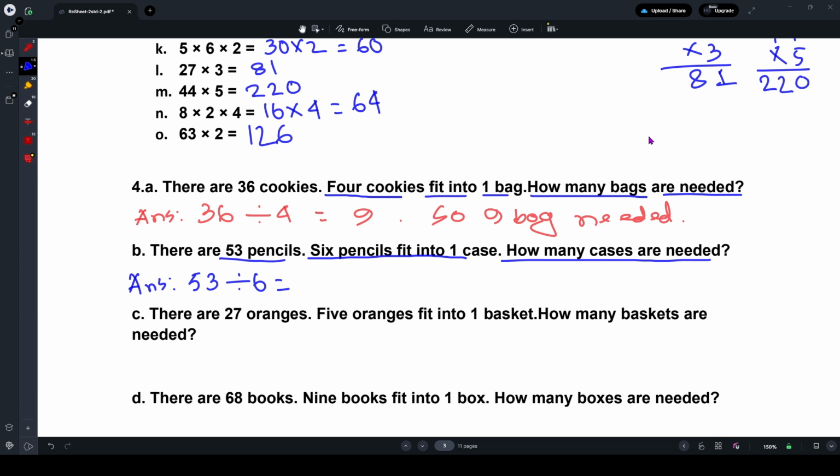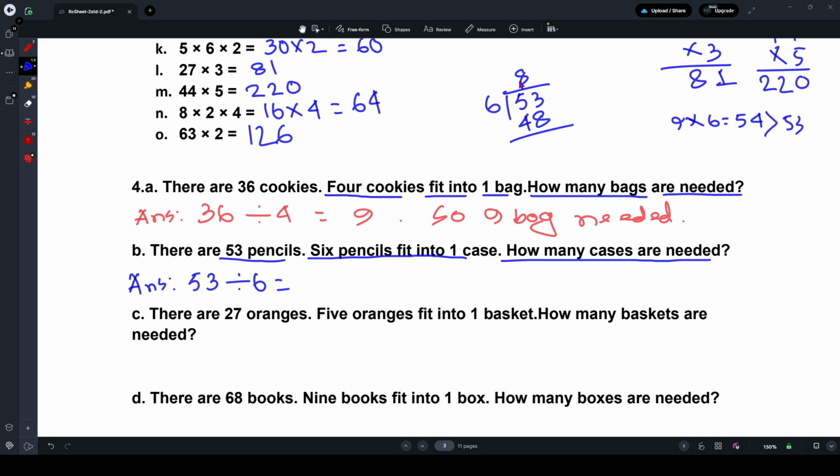So we can use a rough sheet. We can write here 53 divided by 6. So 8 times 6 is 48. We cannot use 9 because 9 times 6 equals 54, which is greater than 53, right?